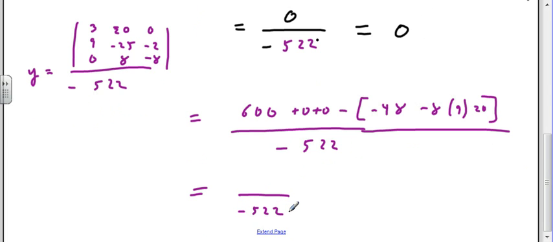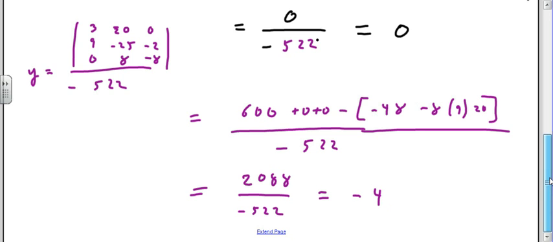And on the top, what I have, 600 plus 48 plus 8 times 9 times 20. And I have 2088, which becomes a minus 4.